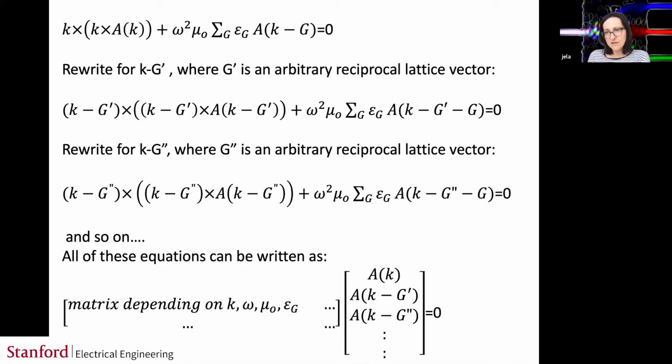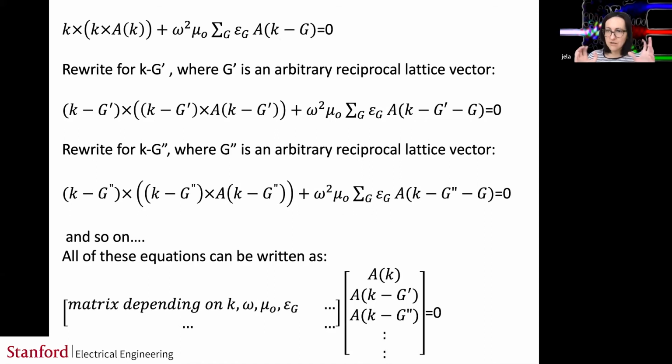Is this making sense? This is usually the hardest thing to pick up, so we can spend a little bit more time on that. You write at the point K that you picked, and then at the points K plus G, where G is a reciprocal lattice vector. So you pick your K, and then you draw the reciprocal lattice around that K.